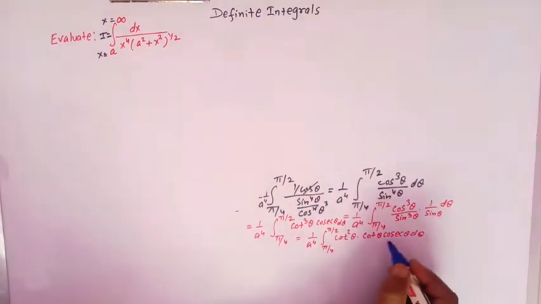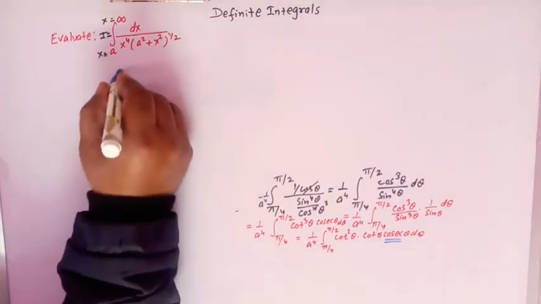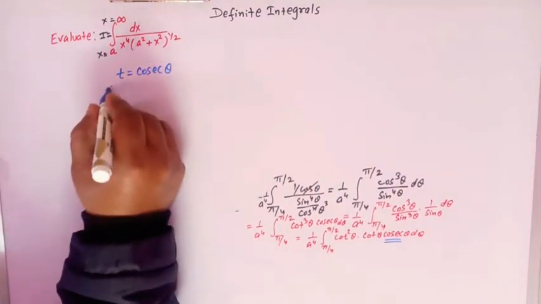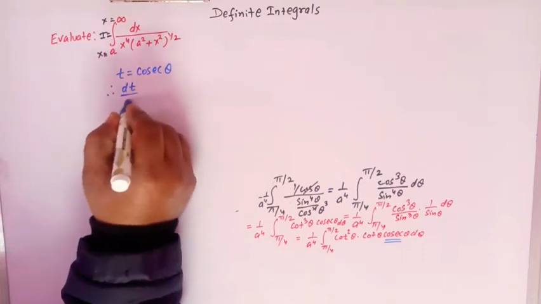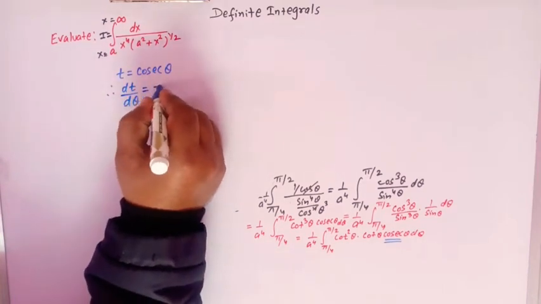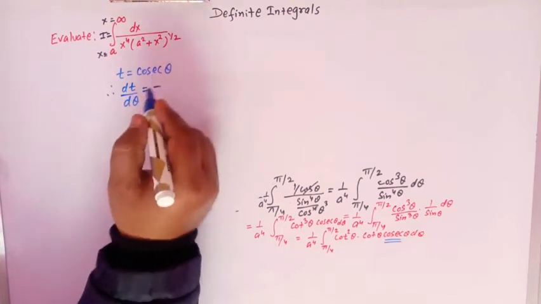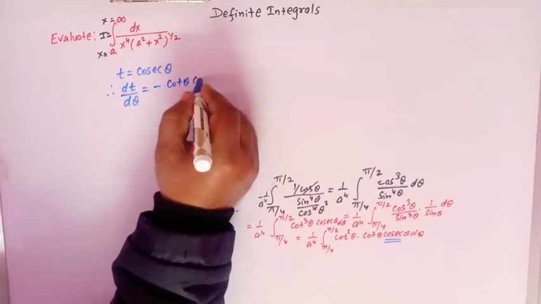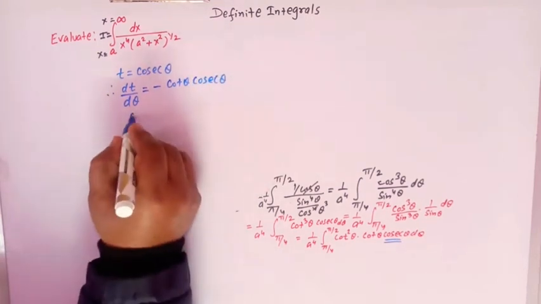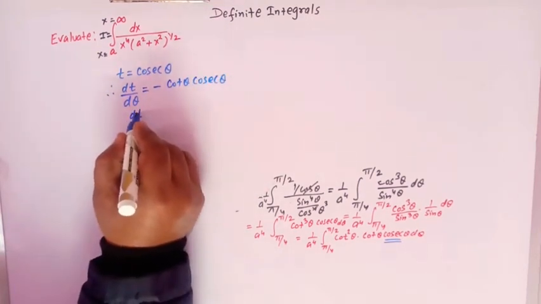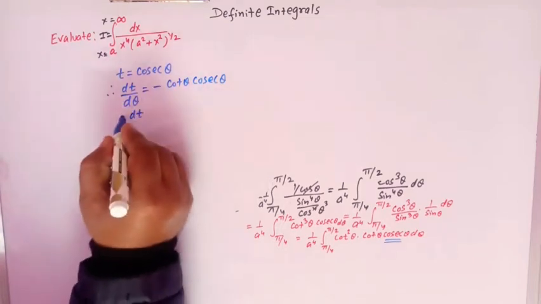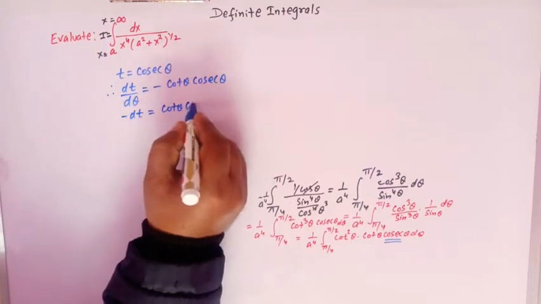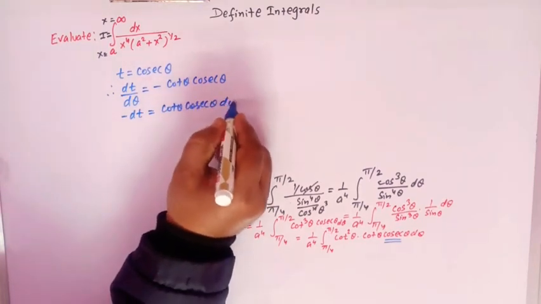So now viewers, let us put t is equal to cosec theta, and therefore dt over d theta is equal to minus the derivative of cosec theta, which is cot theta cosec theta, right? And taking this negative sign here, we have minus dt is equal to cot theta cosec theta d theta, right?